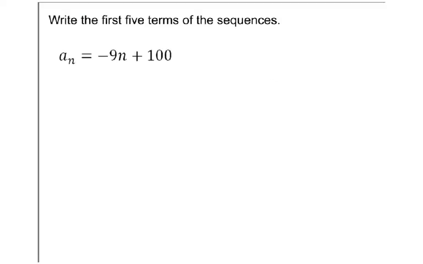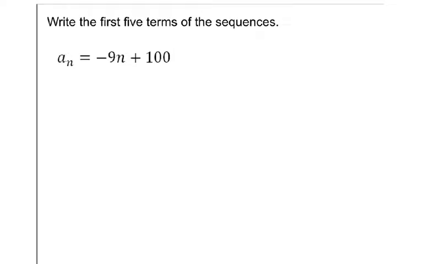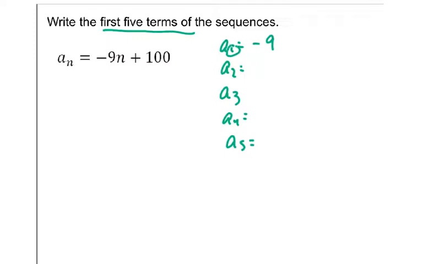If we are given the rule for the sequence, it's pretty easy to find the terms. So if we're looking for the first 5 terms, that means we want a sub 1, a sub 2, a sub 3, a sub 4, and a sub 5. And all we have to do to find those is, again, plug the sub number into the rule and then calculate.